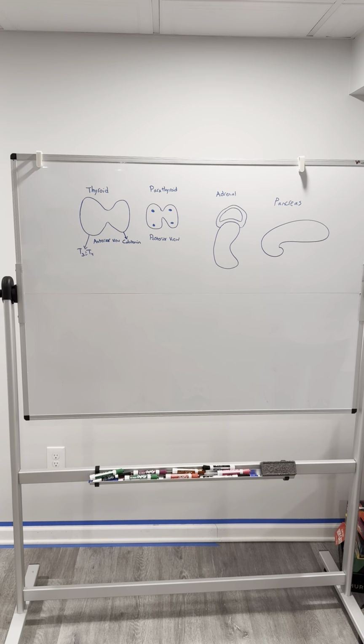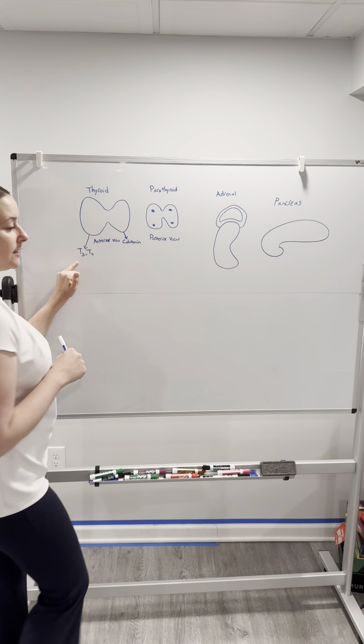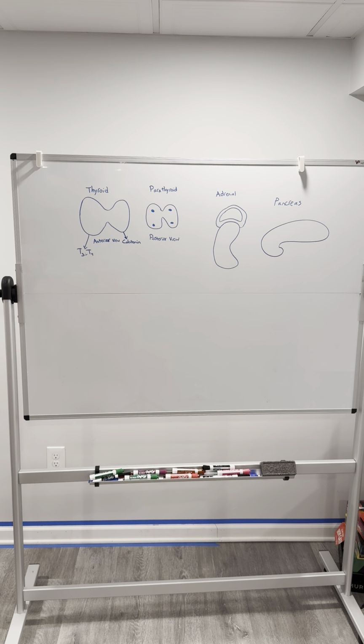So what do our thyroid hormones do? T3 and T4 increase our basal metabolic rate, so they increase our metabolism. That helps us to maintain normal body temperature. They also stimulate synthesis of proteins, and increase the use of glucose and fatty acids to produce ATP, which is part of our metabolism as well.